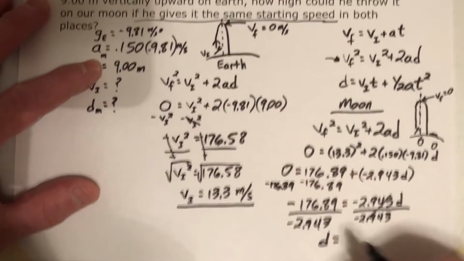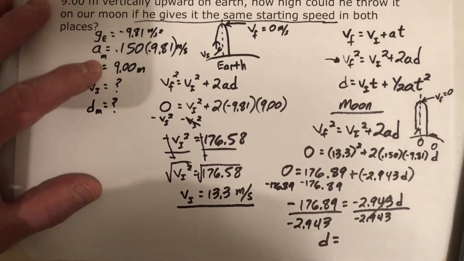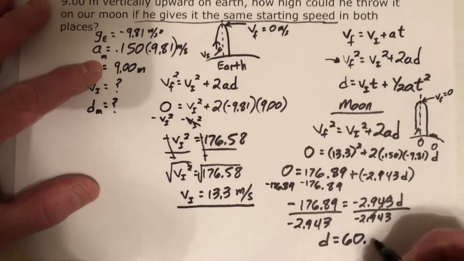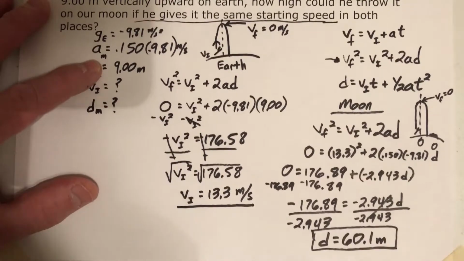So my D on the moon, my displacement, equals, let's see what I get here, 60.1 meters. And that is my answer.